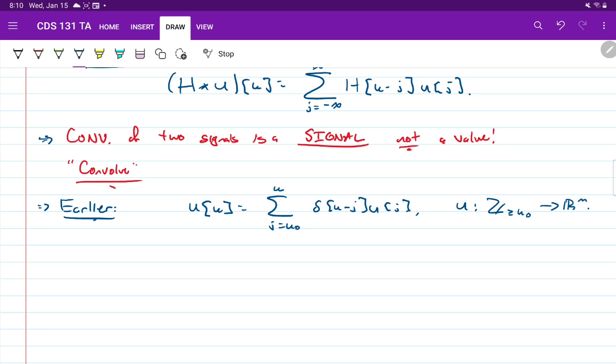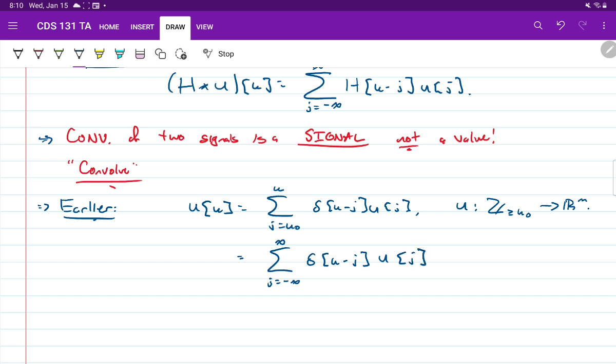But now, due to properties of delta and our convention that u is 0 before time k naught, we could extend both of the bounds on this sum. This goes from minus infinity up until infinity, delta k minus j, u of j.